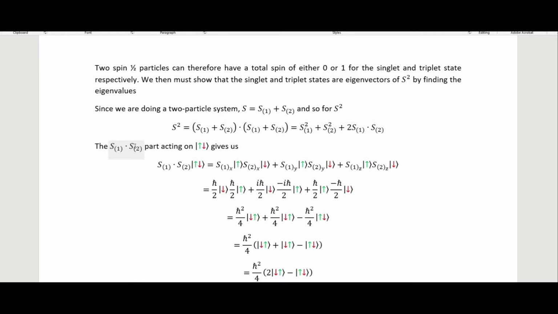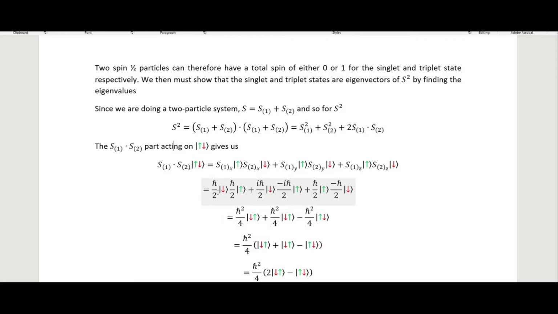The S1 times S2 part acting on this up down gives this. And so we have the S1x, the S2x acting. So the S1x is acting on the up, the S2x is acting on the down, the S1y on the up, the S2y on the down, the S1z on the up, the S2z on the down.